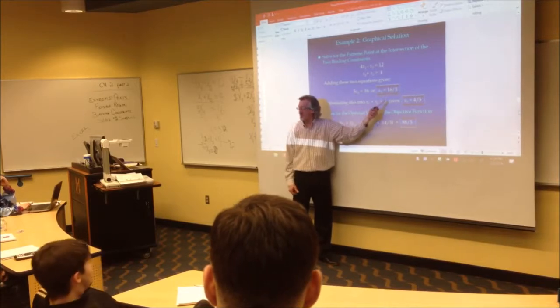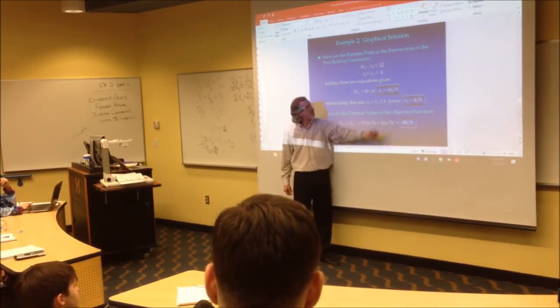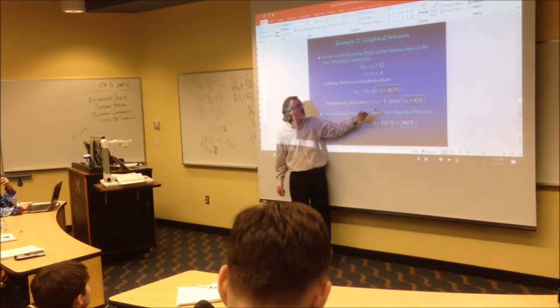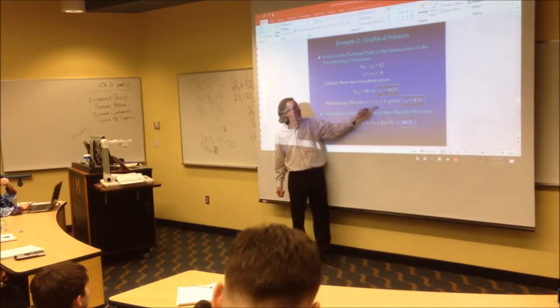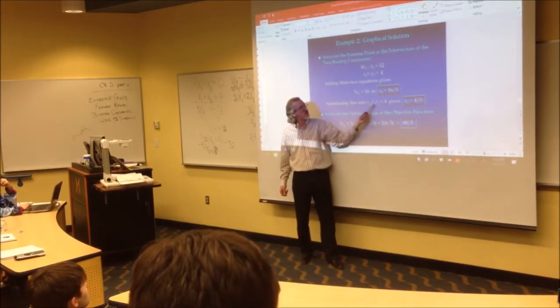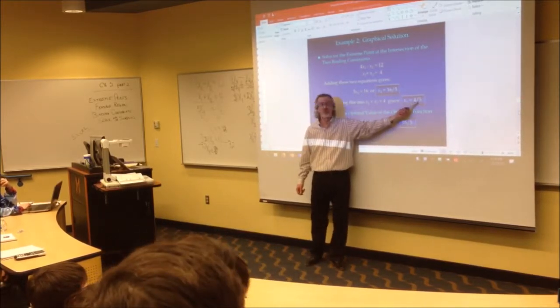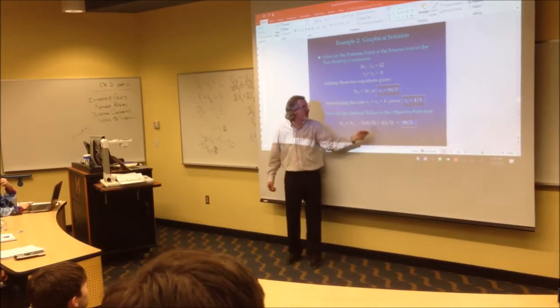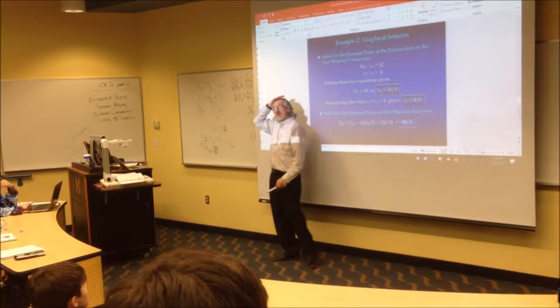I keep thinking it's 3.3, but it's 3.2. Now plug in 3.2 into either one of these for x1 and solve for x2. We're going with this one. Plug in 3.2, subtract 3.2 on both sides. x2 equals 0.8, or 4/5. There's your optimal solution.